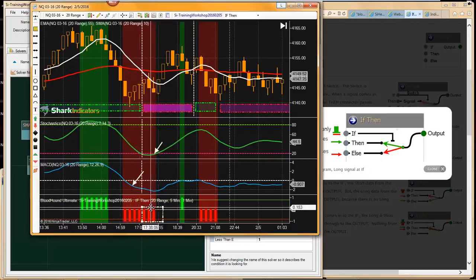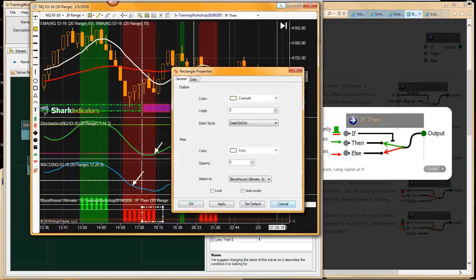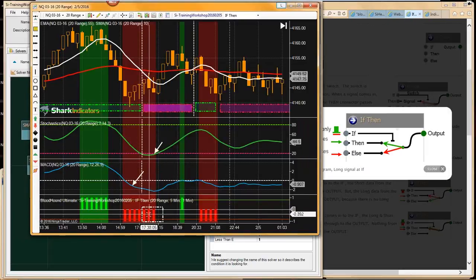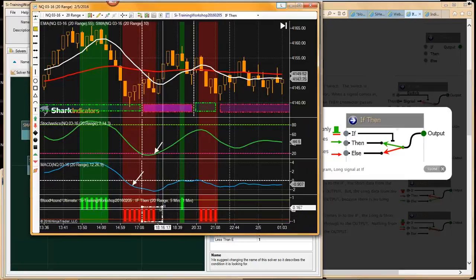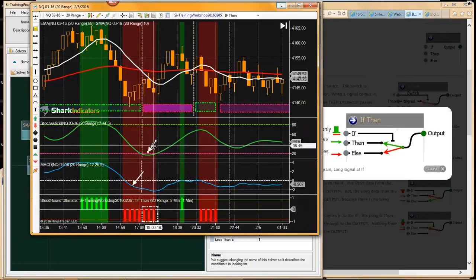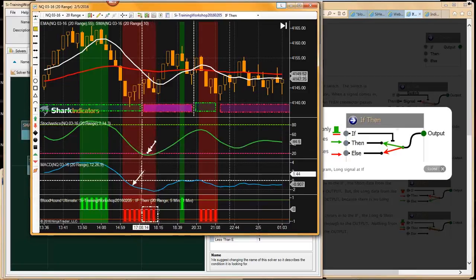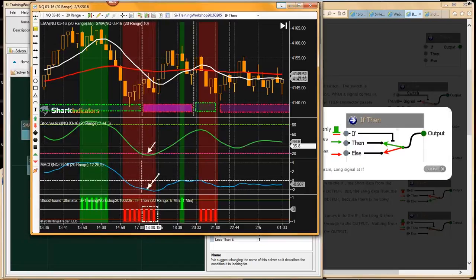So these three short signals from BloodHound are coming from the stochastic being oversold. They're not coming from the MACD anymore. It's just a coincidence that the MACD is below 0 and the stochastic is oversold, right? It's just a coincidence.